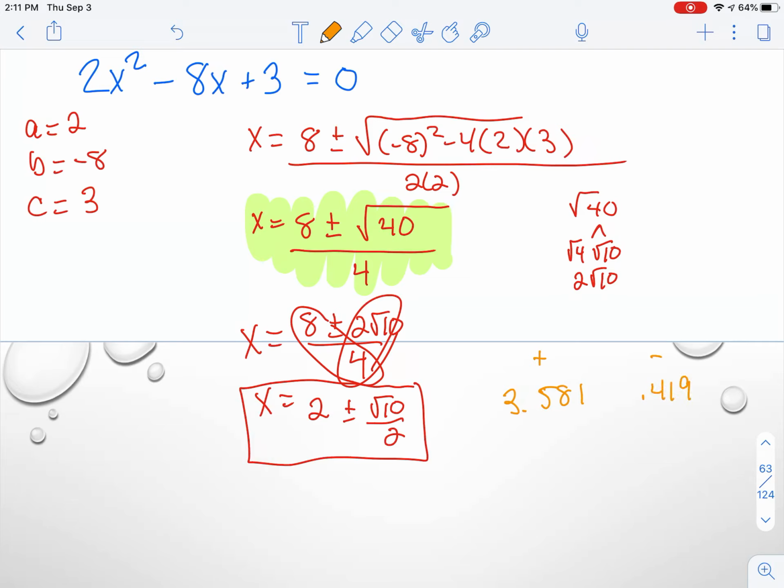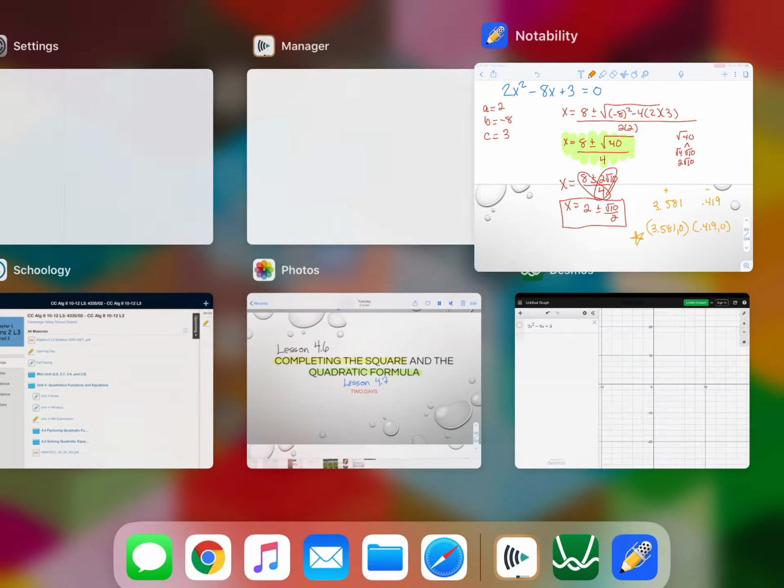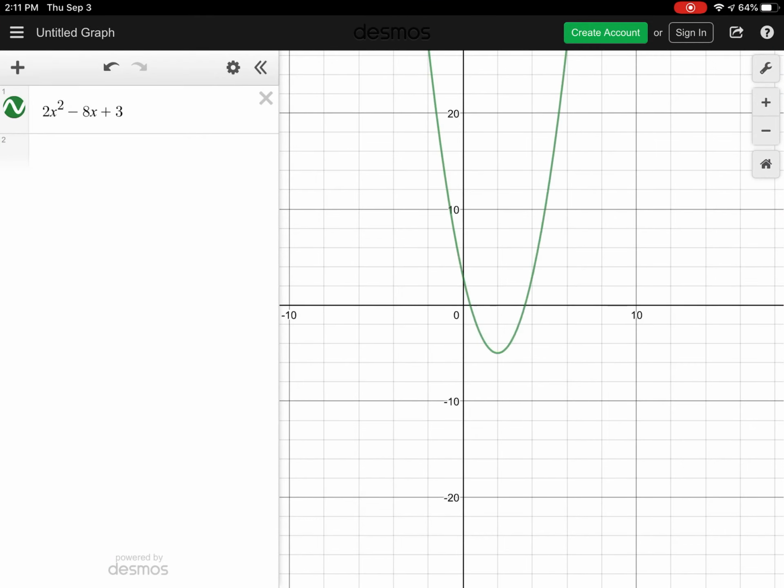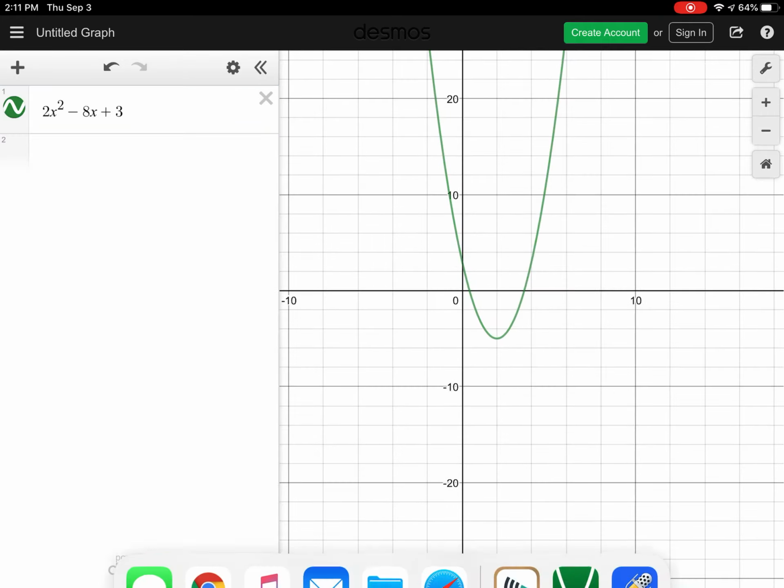And these would be your x-intercepts approximately due to rounding. So let's go check those in orange on the graph and see if we got it right. .419, 3.581. Okay.